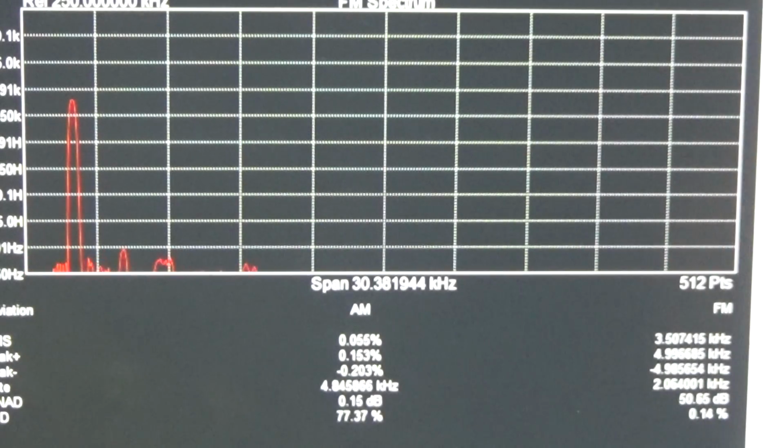So plus and minus, because of course we are right and left beside our carrier, and therefore we are always measuring plus and minus. And you see this here is definitely our deviation, and you see here our audio frequency, and that is exactly what we have on our audio generator, our 2.064 kilohertz.